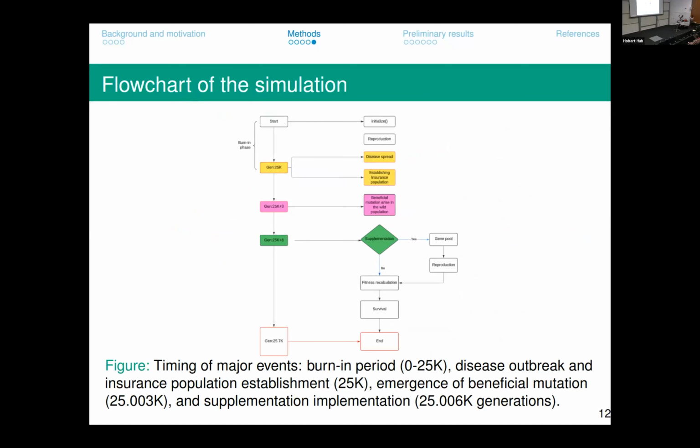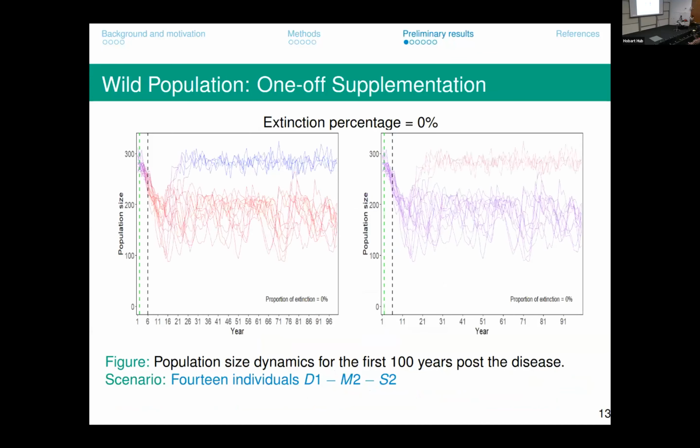We first have the burn-in period, then the disease is introduced after the burn-in period, and we create the insurance population. The disease spreads, and after 5 years post-disease, we supplement the individuals, add them to the gene pool, and they reproduce.